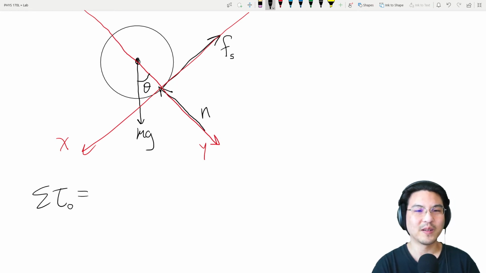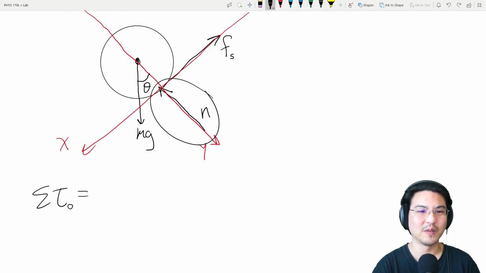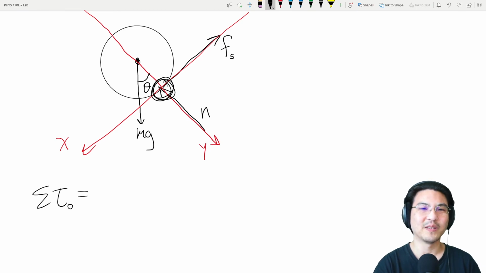Okay, so the torque about here due to normal force N is 0. The torque here due to this friction force is 0. There would only be torque from the weight. Only the perpendicular component of the force really provides any torque, right?